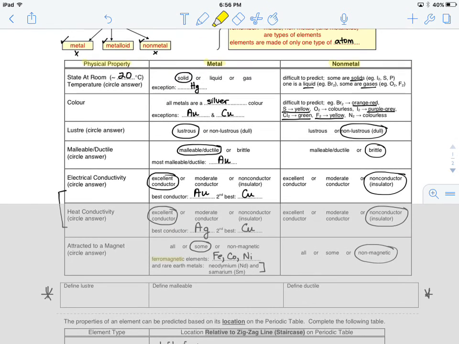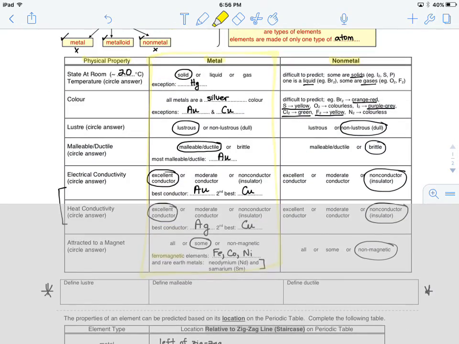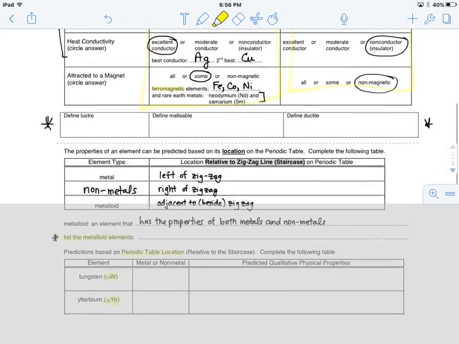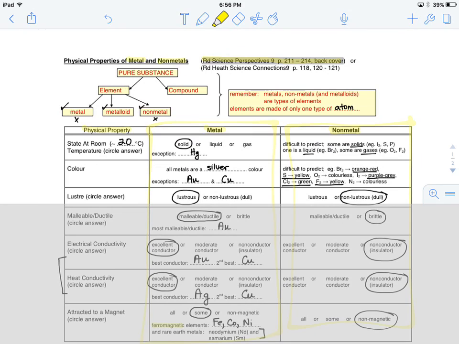I'd be looking at this column to say, if it's a metal, it's probably going to have these properties. If it's a nonmetal, it's probably going to have these properties. So that's your assignment now on your own, and we will take up the rest of this note in class next period.